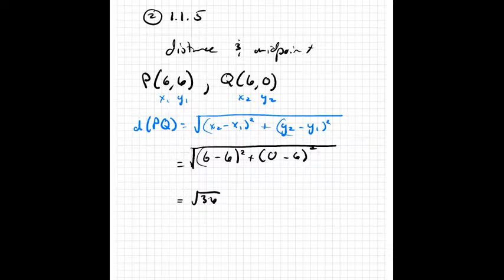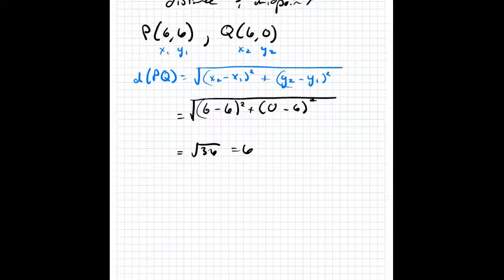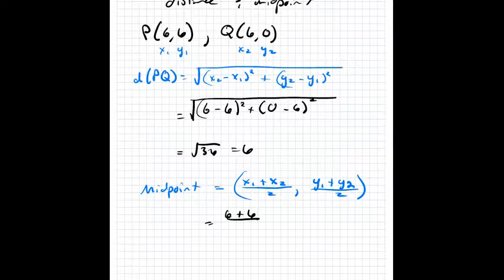And then the midpoint, let me finish this out. So then the midpoint is going to be the average of our x's, so x1 plus x2 over 2, comma, average of our y's, y1 plus y2 over 2. Okay? So in this example, that's going to be 6 plus 6 over 2, and then 6 plus 0 over 2. 6, comma 3.